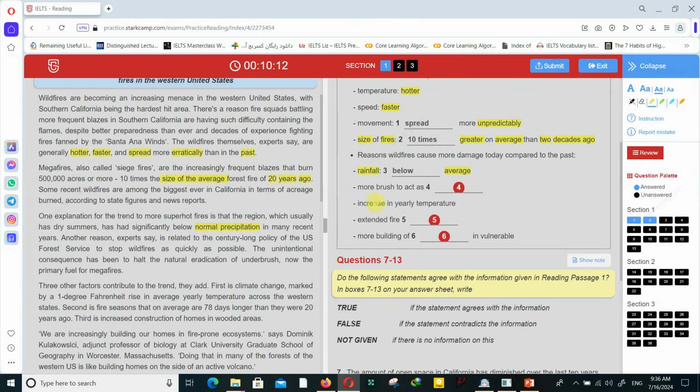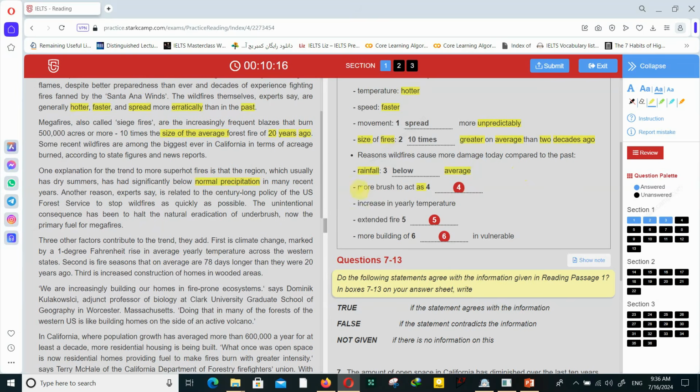Now question number 4. More brush to act as what? And brush is actually a keyword. Another reason, experts say, is related to the century-long policy of the U.S. Forest Service to stop wildfires as quickly as possible.